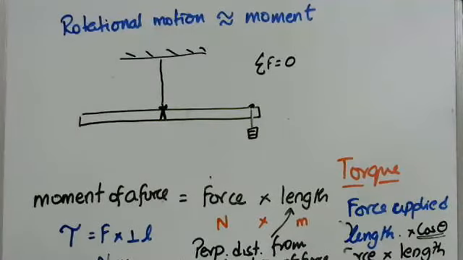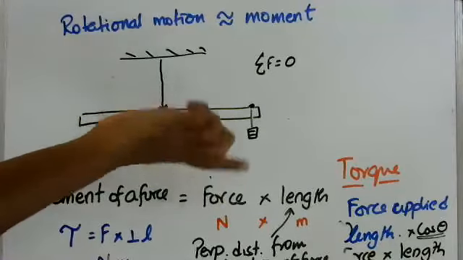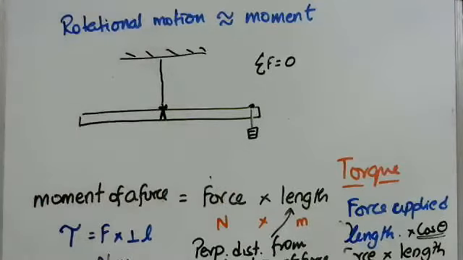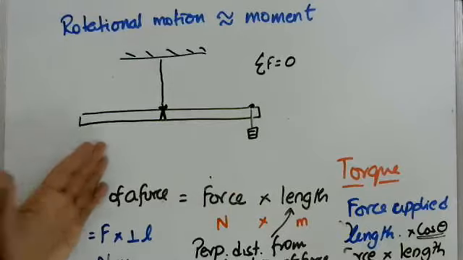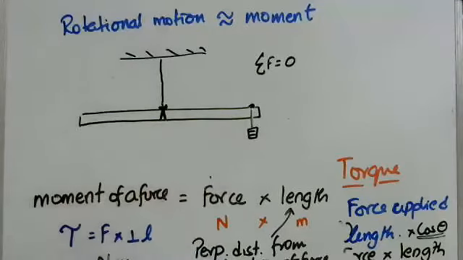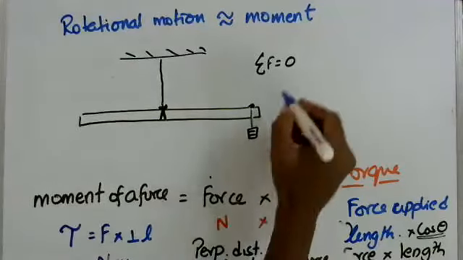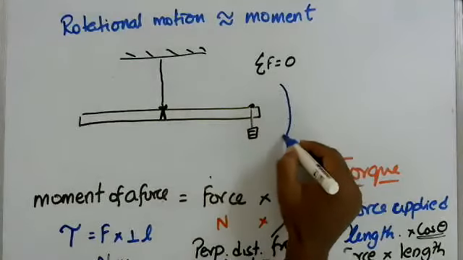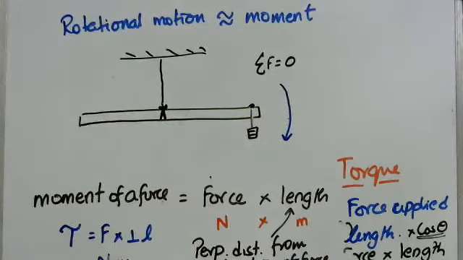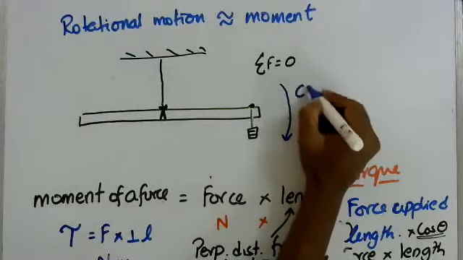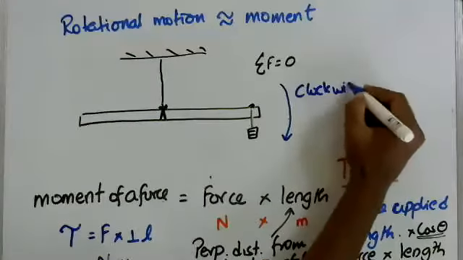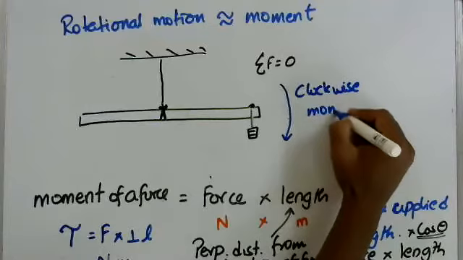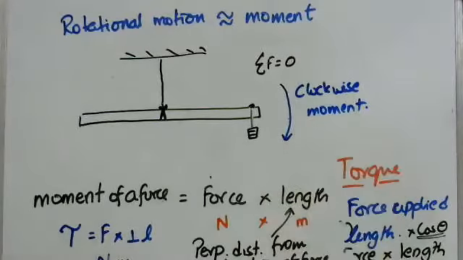If you just say the scale will rotate, that's not sufficient because the scale can rotate in this way or it can rotate in that way. And obviously, in this case, because there is no weight on this side, only additional weight on this side, you can say that there is going to be a clockwise movement, a clockwise rotation. So that we call a clockwise moment.